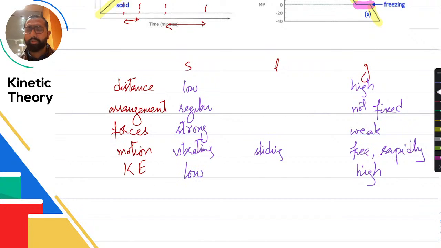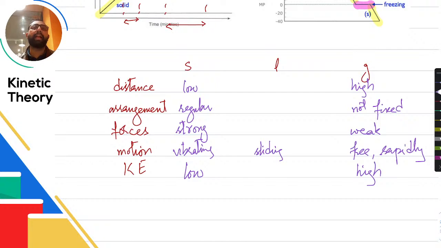Now I want you to pay attention to this table. Look at gas, and then look at solid, and tell me, don't you see exact opposites? Gas is exactly opposite of solid. So what's liquid? Just the transition. Liquid is just in the middle, and gas and solid are 2 extremes of this spectrum. Which means that if you understand just one of them, you can easily convert it to the other ones.